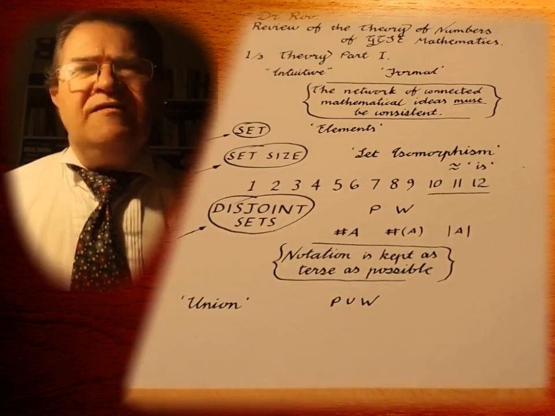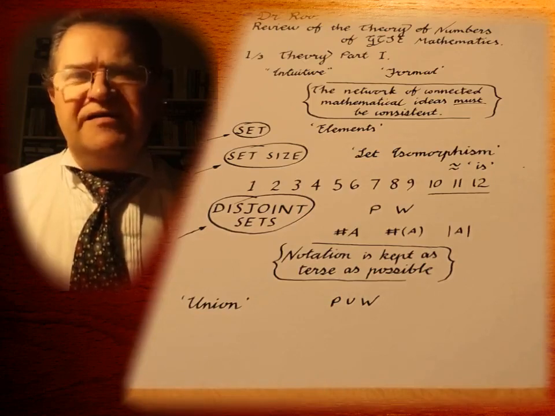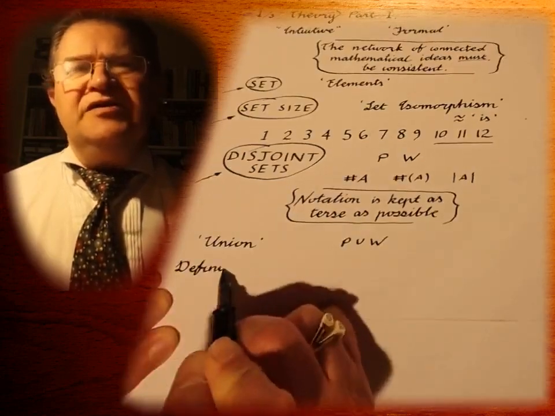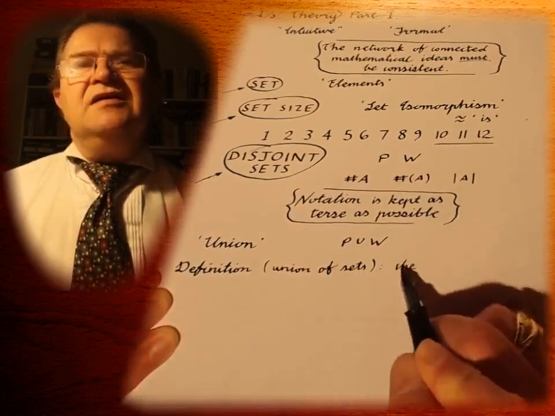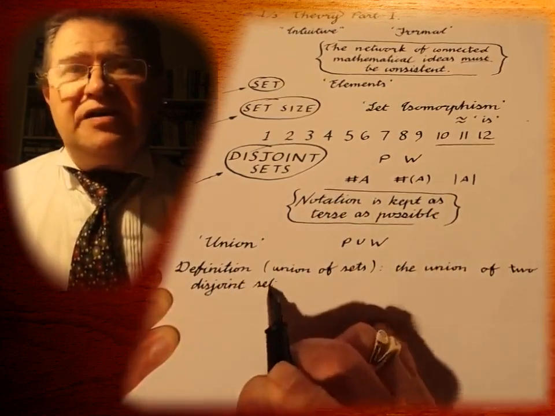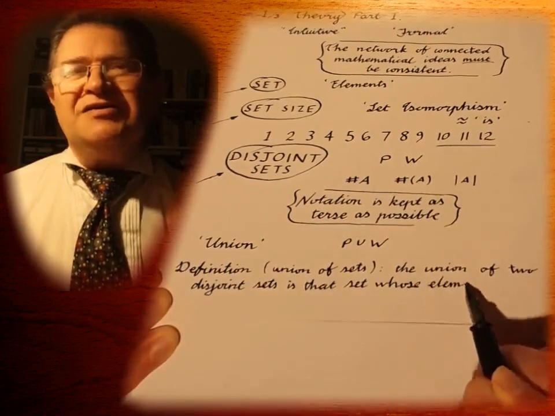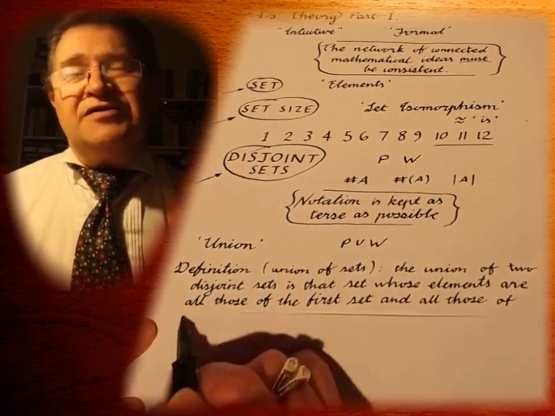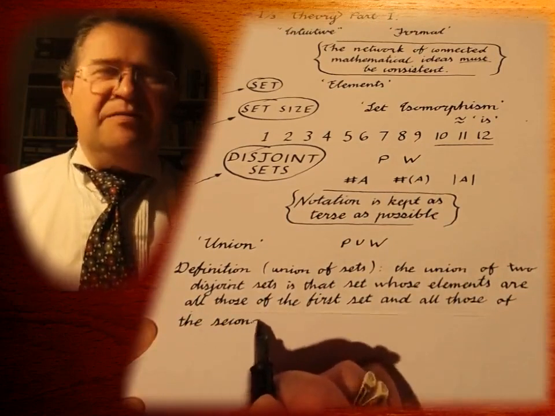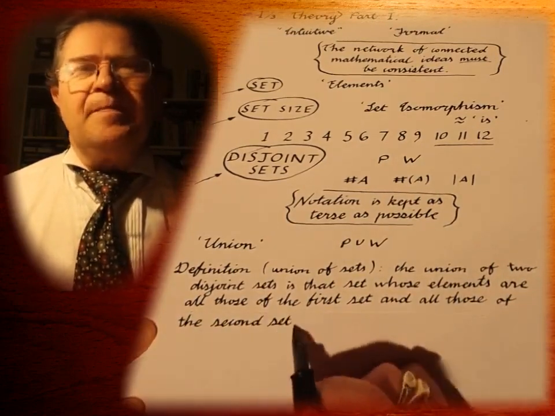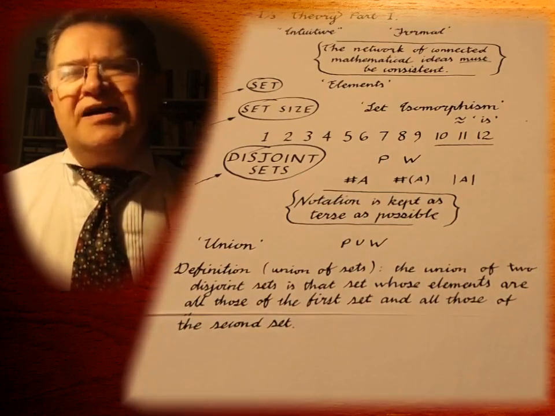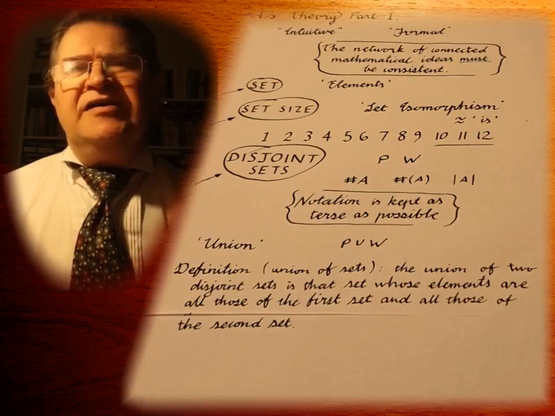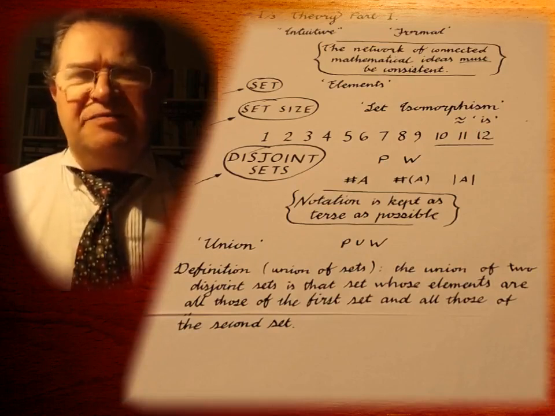And so we come to our first formal mathematical definition: union of sets. The union of two disjoint sets is that set whose elements are all those of the first set, e.g. a pen, and all those of the second set, for example a paperweight. Note that this use of the stylised U is globally recognised and is used exclusively for this purpose.